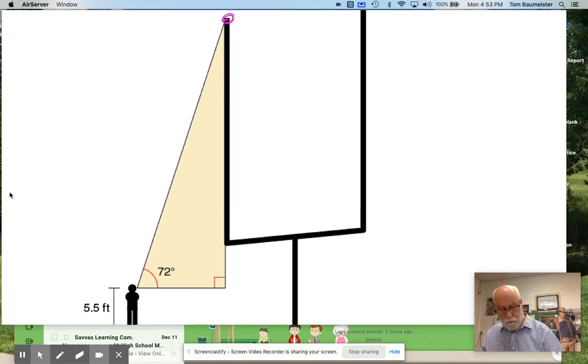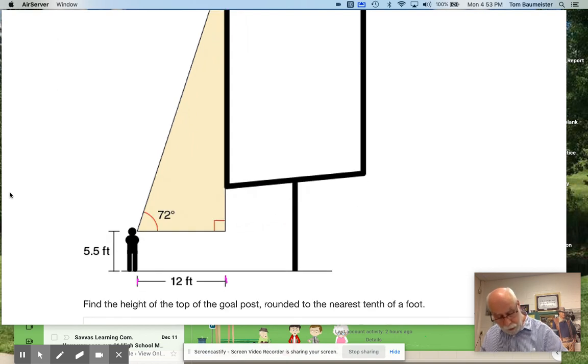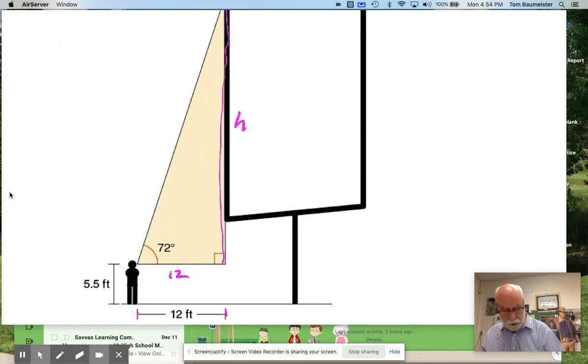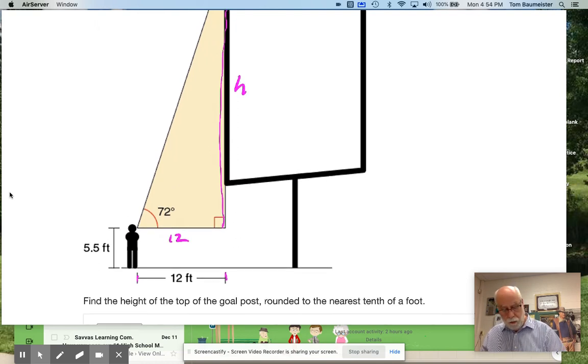So first thing you know is you have 12 feet here, okay? This is what you're trying to find, is this height here. That's part of it. This is a tricky question. It's not too bad though, all right? So again, if we look at what we have, here's our 72 degrees.